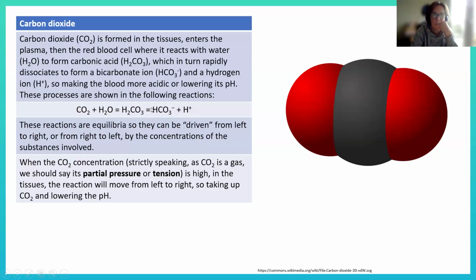So they're in flux, they're in a constant state of change.